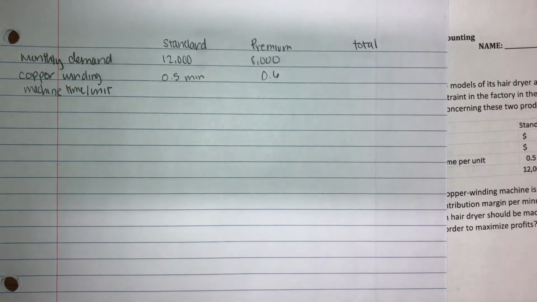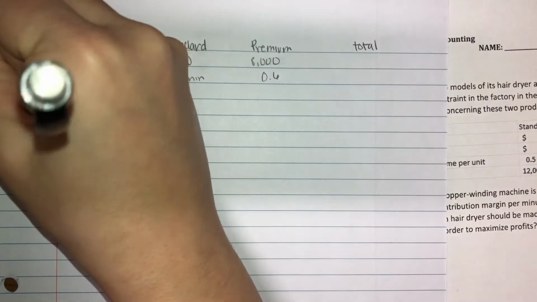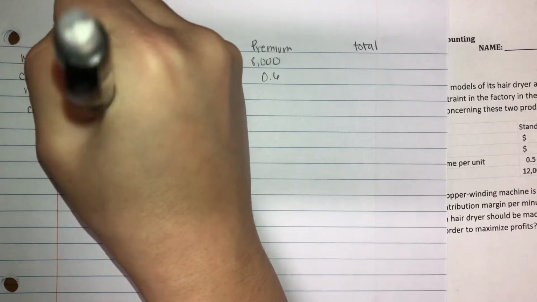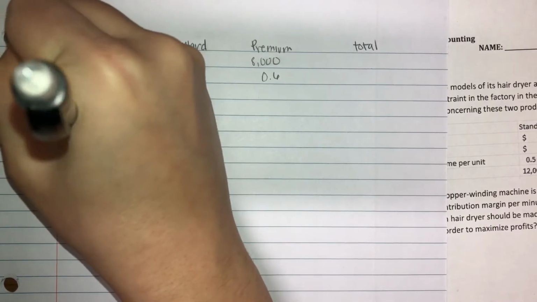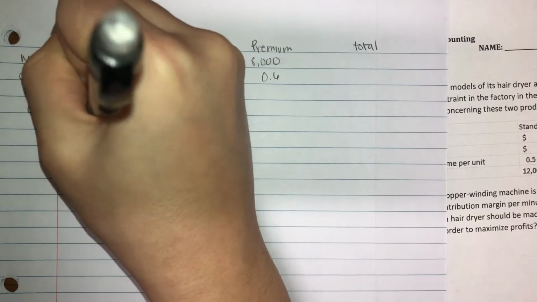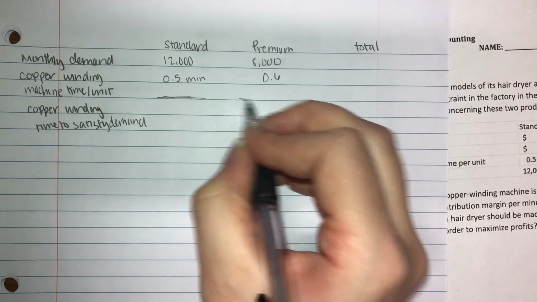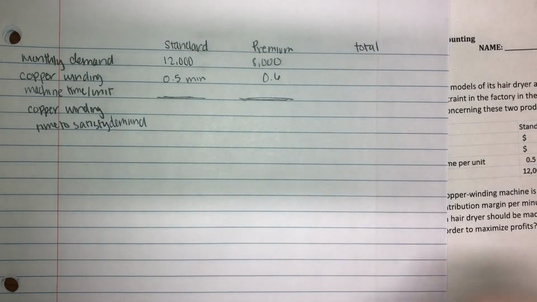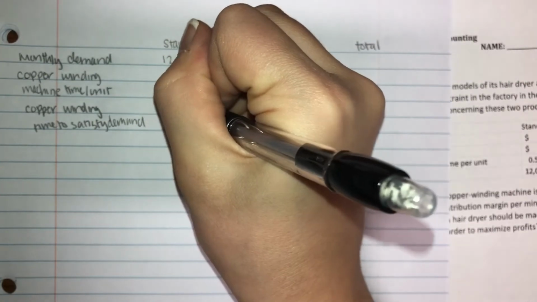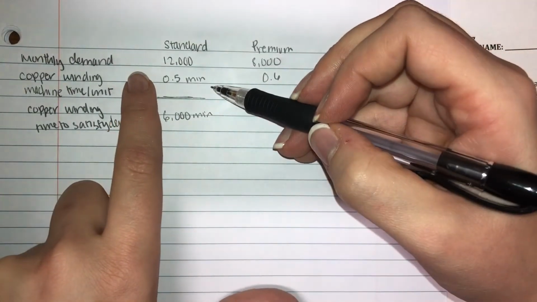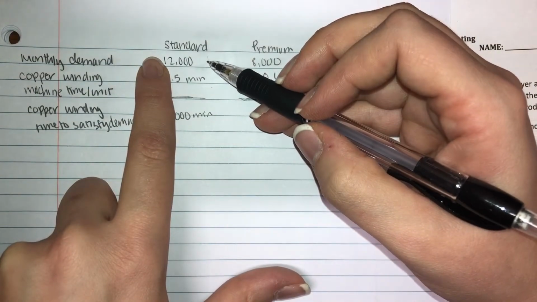So then I'm going to label this as copper winding time to satisfy demand. What we'd do is multiply those numbers together to get 6,000 minutes, because I'm multiplying how much time is needed for each dryer.